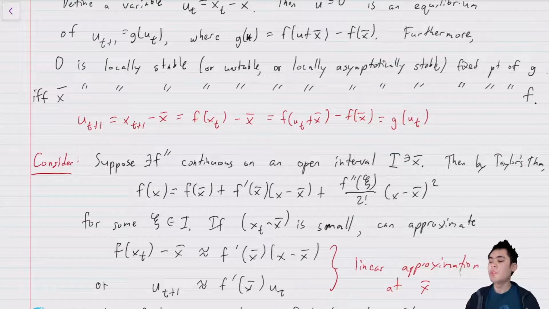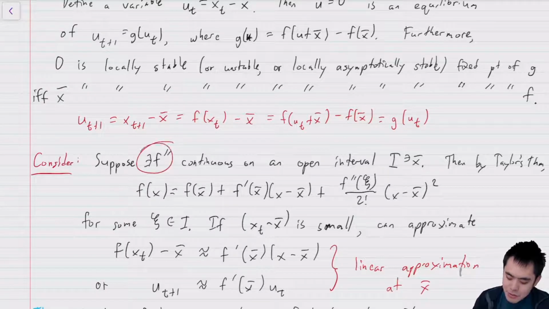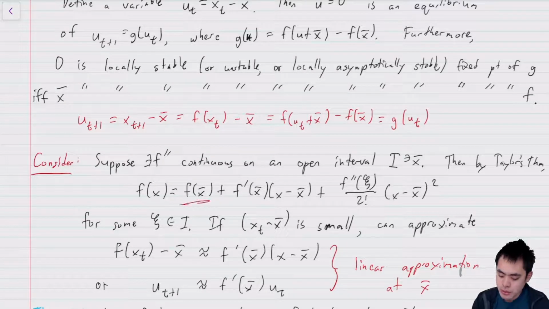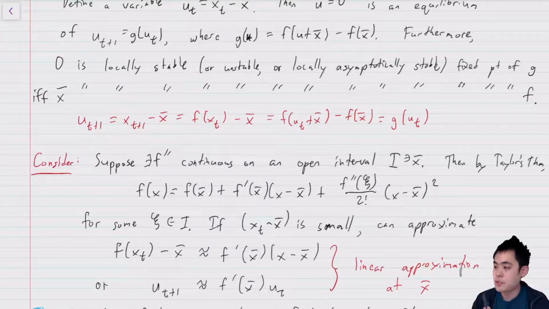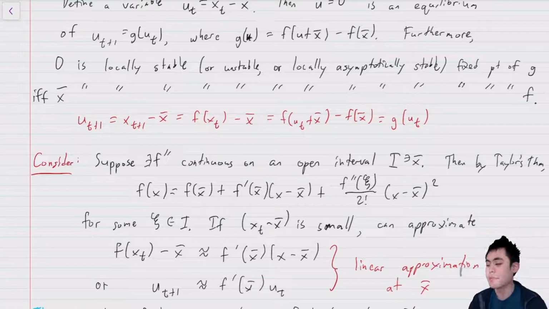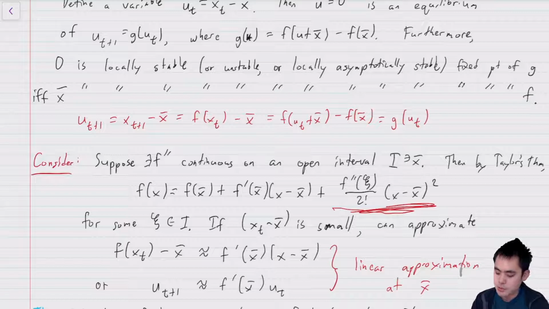Now, when we do that translation, basically what we're saying is we're shifting everything to 0, and then we want to do a linear approximation around it, and that's basically the entire point of Taylor's theorem. So if we have a second derivative, we're going to use Taylor's theorem with remainder, then you know that f of x is equal to its value at the point you're expanding the Taylor coefficients around, so x bar, plus the first derivative times the distance from that, plus f double prime over 2 factorial times x minus x bar squared.